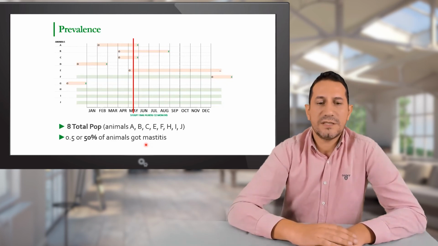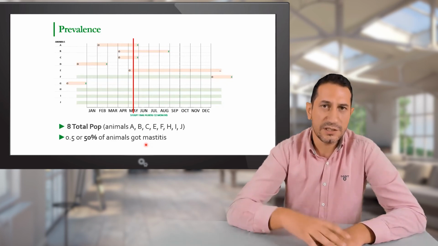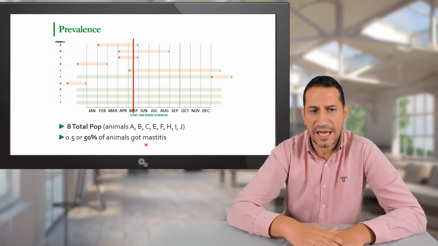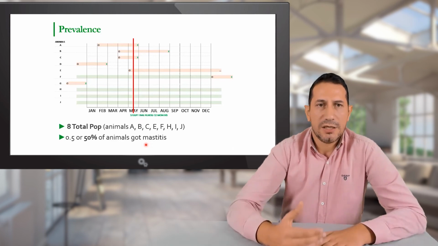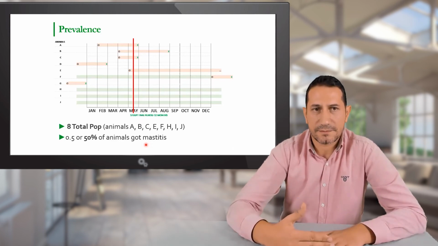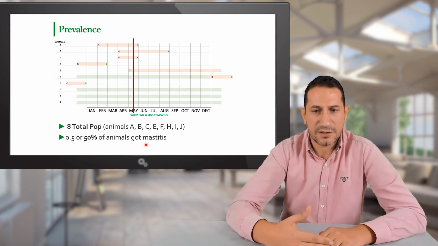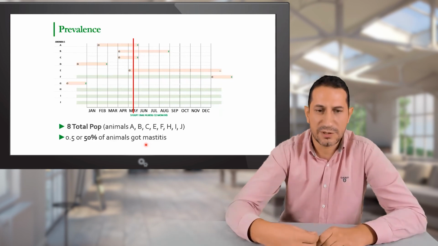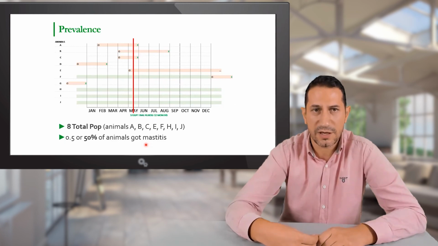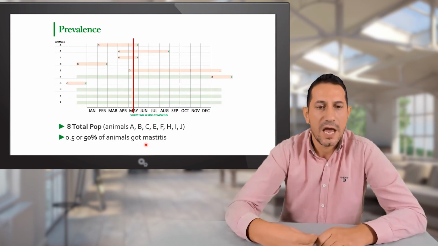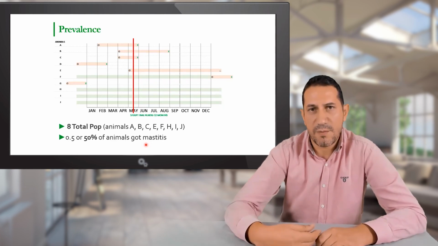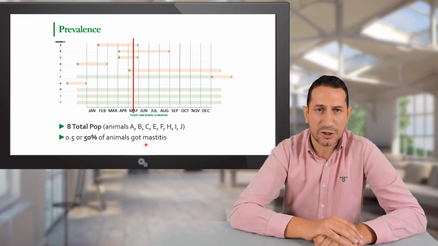If we check what's the population to be included into the denominator, we again have 8 animals, and it's the A, B, C, E, F, and all H, I, and J. So all the last 3 remaining animals are countable as well, but animal D could not be counted because it recovered before the study period, and the animal G also recovered before the moment we are taking the snapshot.